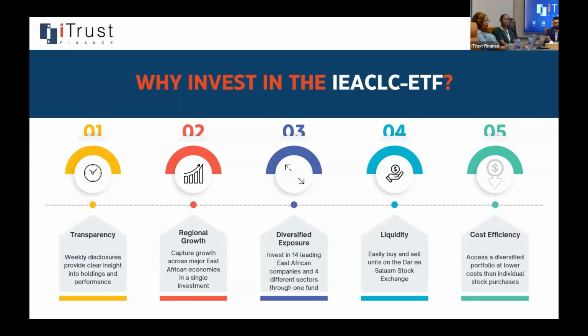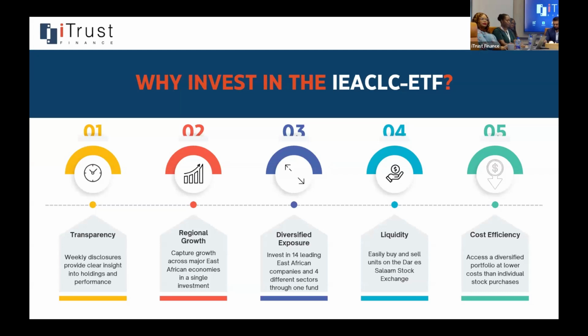If we'd like regional growth, because it will capture growth across major East African economies, diversified exposure, as we explained, you'll be able to invest in different sectors and different companies within different countries. Liquidity, as once listed on Dar es Salaam Stock Exchange, you'll be able to buy and sell easily using the prevailing market price.